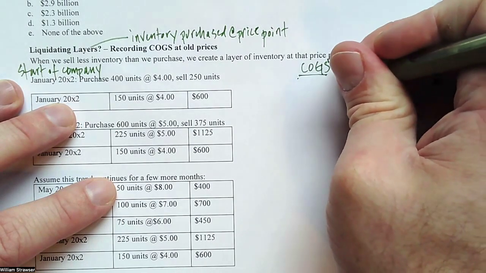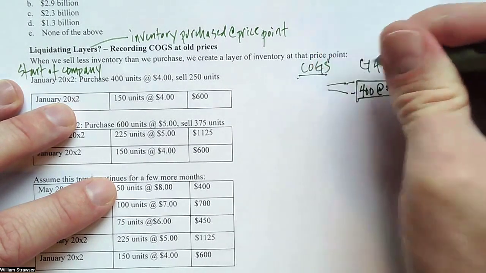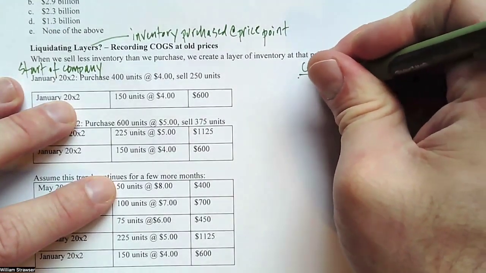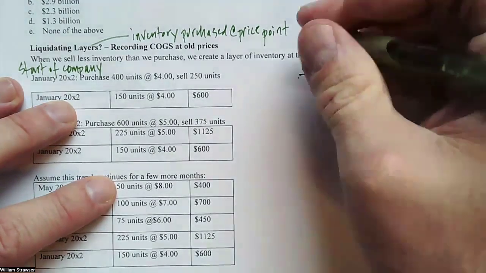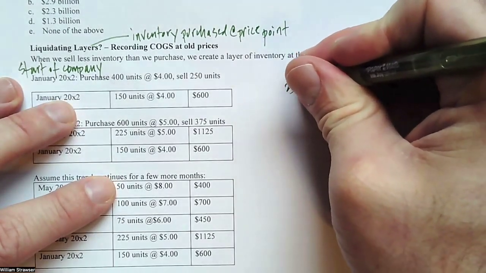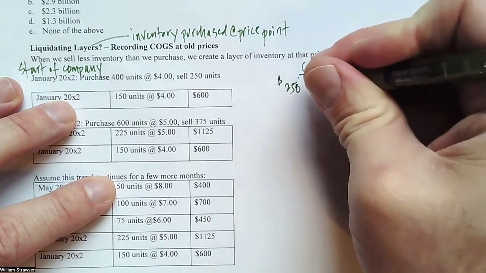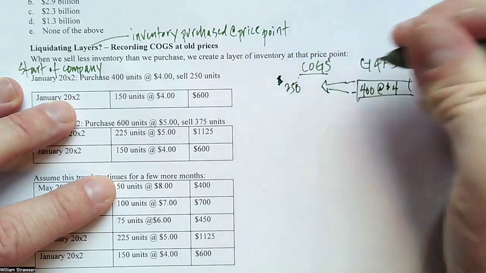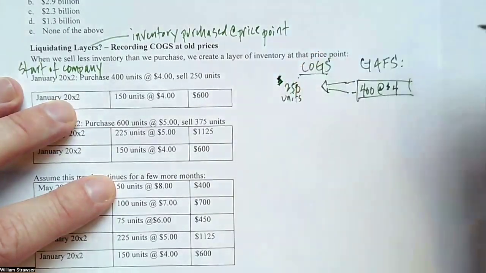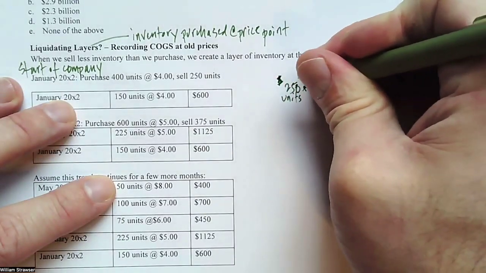And if we're applying LIFO, then it's the ones at the top. You'll see it matters a little bit more when we do multiple layers at the same time. But then we sell 250 units of these, not dollars, at $4.